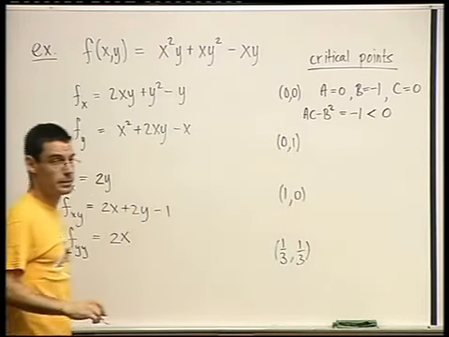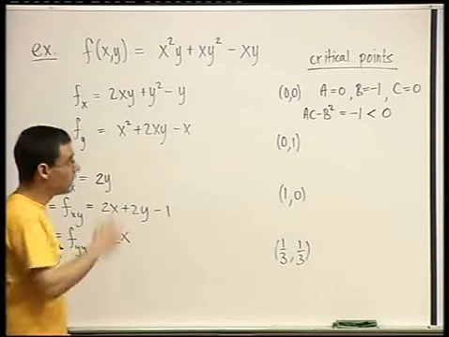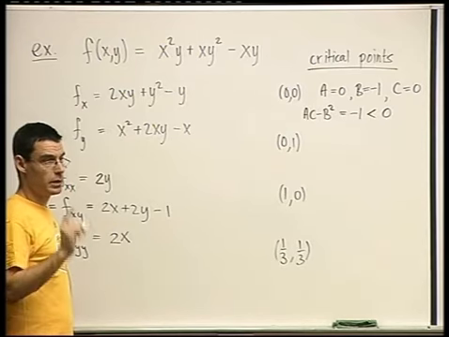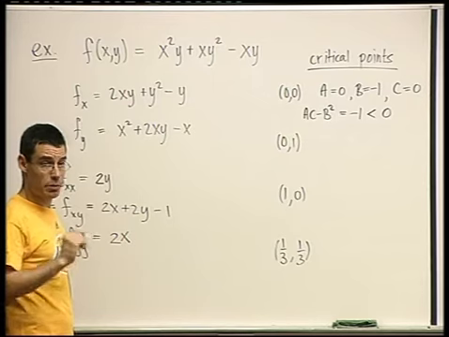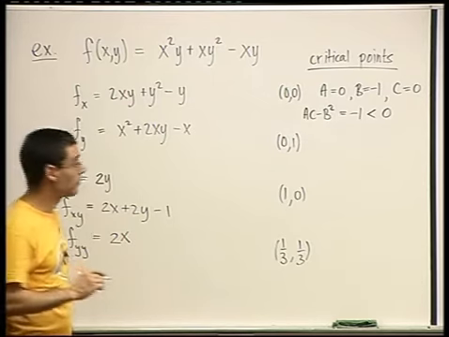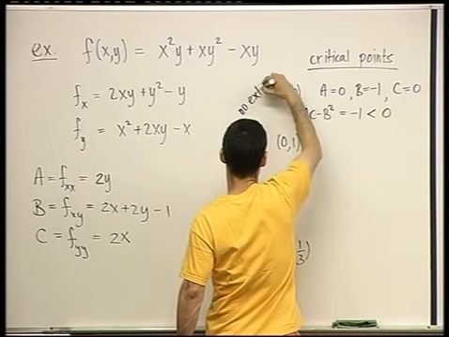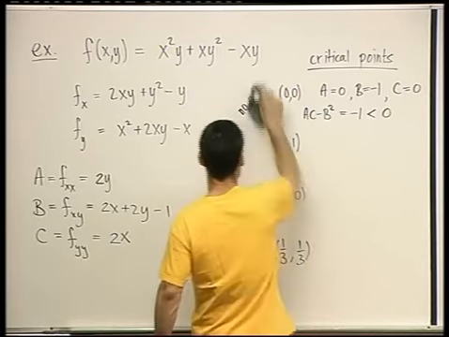Do you agree? Okay. So what's the conclusion regarding the point 0, 0? Imposter. Not a real extremal point. No extrema.